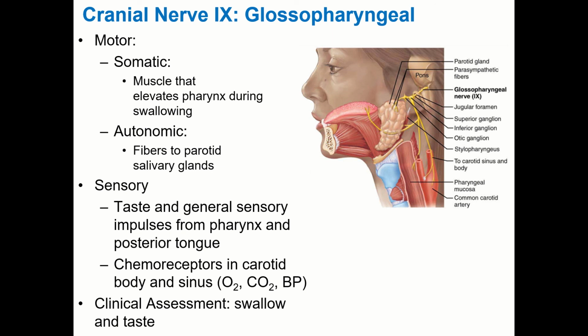And then when we elevate the pharynx, what that also does is it closes something called the epiglottis, which is a little flap that goes across your larynx. So basically it keeps food from going down into your lungs, keeps you from aspirating whatever it is you were swallowing. So from a somatic standpoint then, it elevates the pharynx, so it plays a role in swallowing, voluntary swallowing.